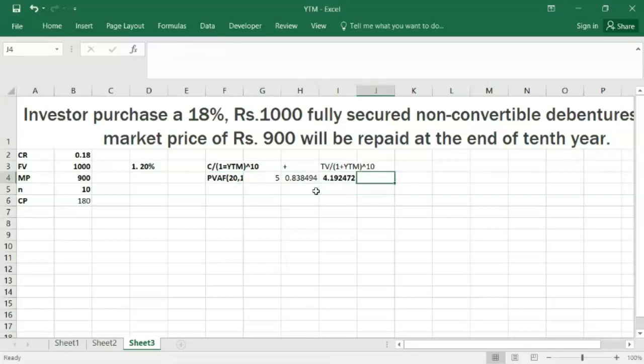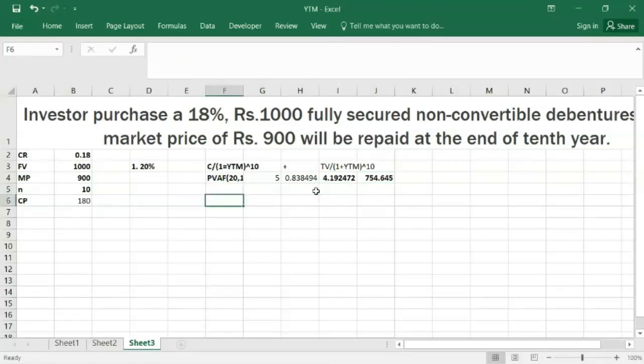And this value is multiplied with the coupon payment. The coupon payment for the problem is given as 180 rupees. Hence, the present value of coupon payment is 754.645 rupees. So this I have calculated for the coupon payment.